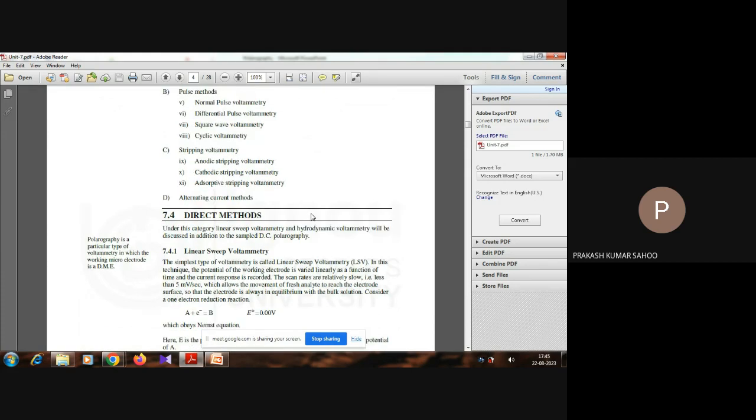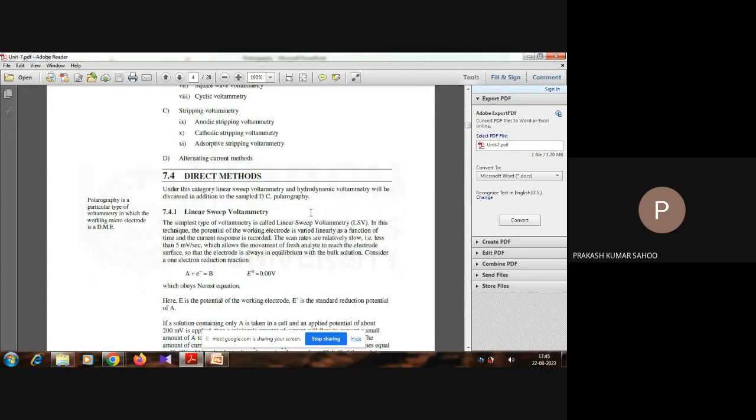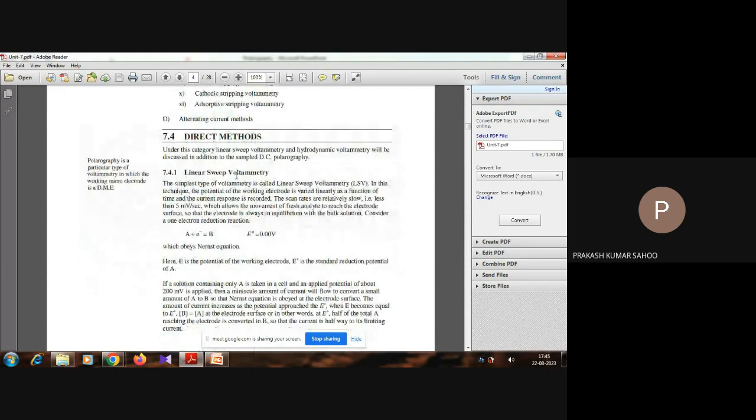That is the direct method. The first one is linear sweep voltammetry, because DC polarography is in our next unit. This is the simplest type of voltammetry, also called linear sweep voltammetry, LSV. In this technique, the potential of the working electrode is varied linearly as a function of time and current.